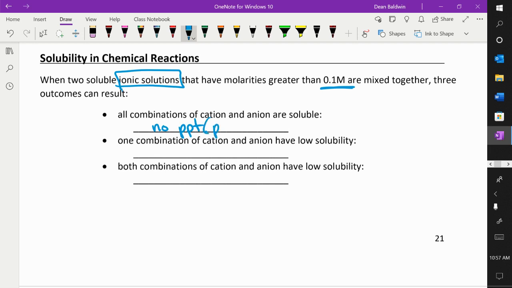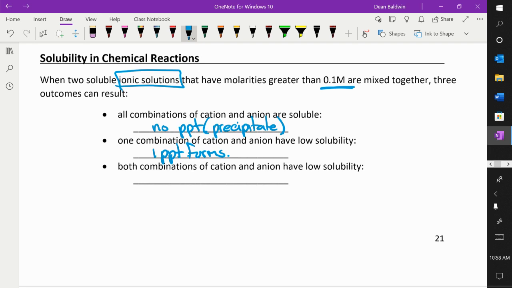Or 2, one combination of the cation and anion has low solubility, and you get 1 precipitate forming. Remember at Halloween when I added the lead nitrate solution to the water and it turned bright yellow?